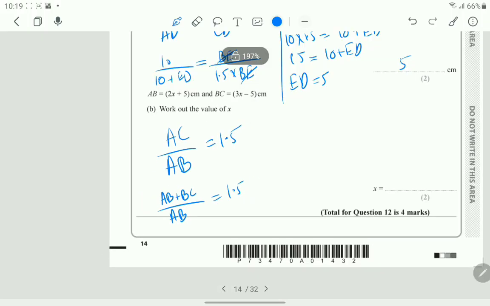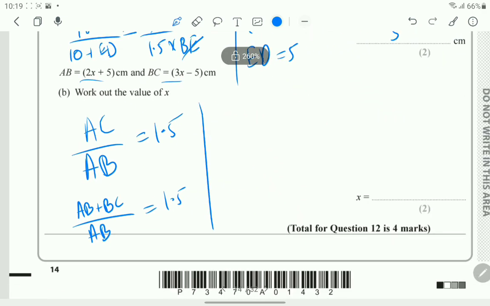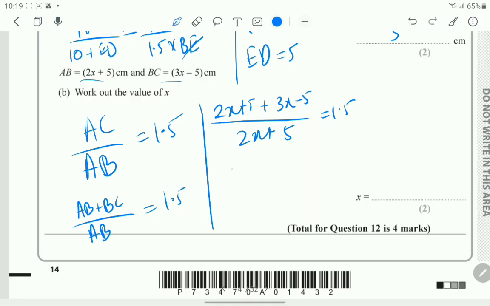Now we have made it pretty simple since we have all the values, and we can solve for x. 2x plus 5 plus 3x minus 5, over 2x plus 5, equals 1.5. So we get 2x plus 5 plus 3x minus 5 equals 3x plus 7.5, sorry, there's an x here.